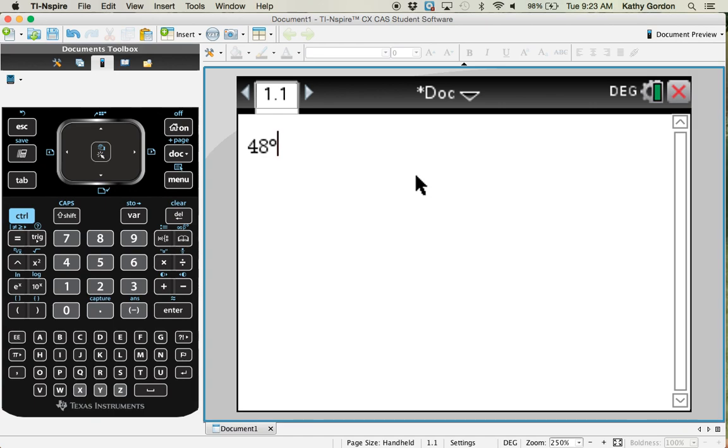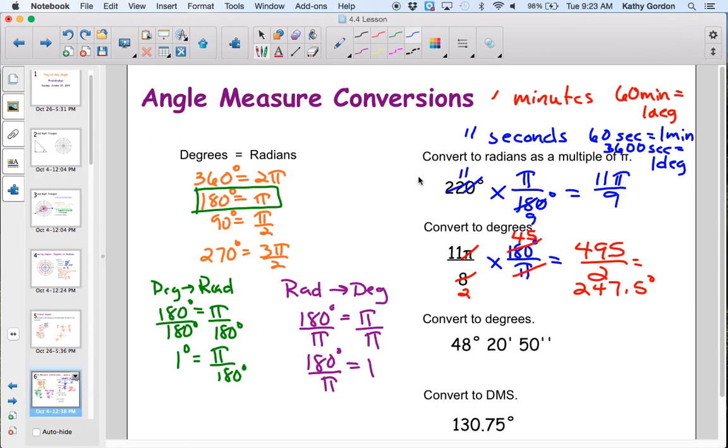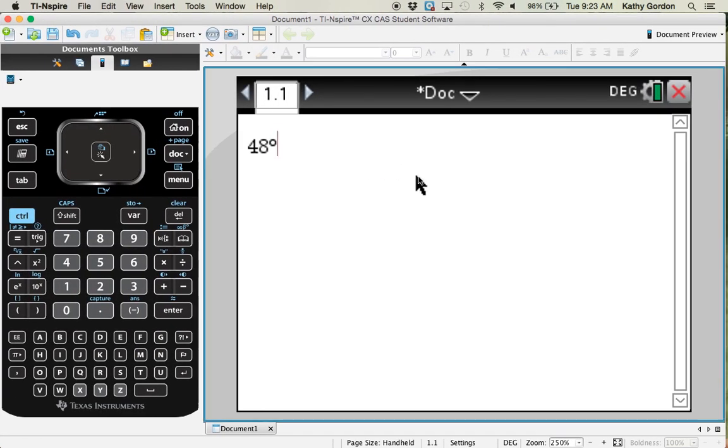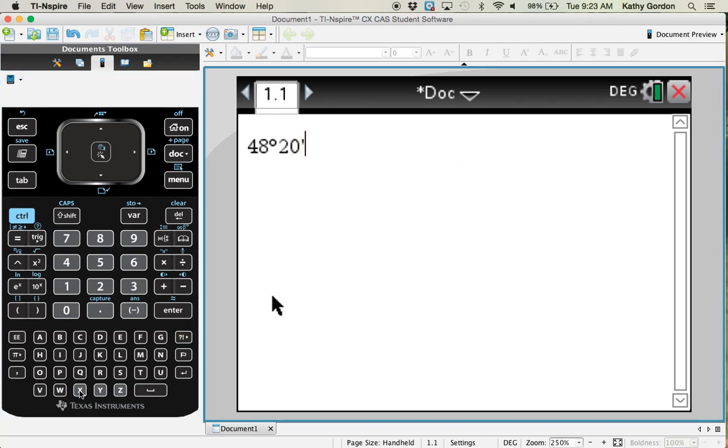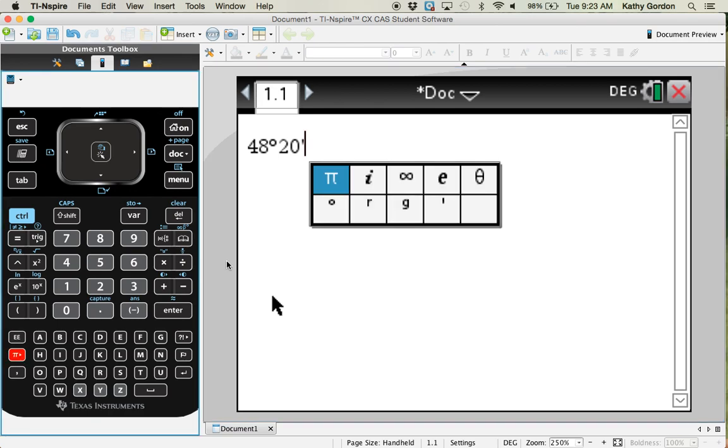And then for the minutes, 20 minutes. So 20, go to the same place, either one, and you choose the tick mark. It's kind of nice in the punctuation button because they're right beside each other. If you do it on the pi button, you've got degrees here, and then you've got the tick mark over here. They're both there. It's just a little nicer in the punctuation one.